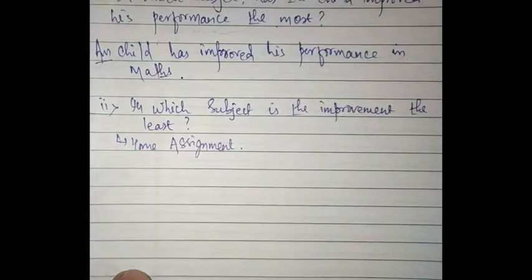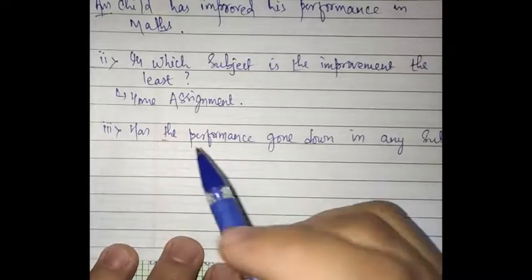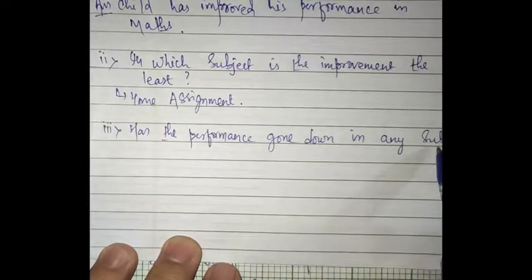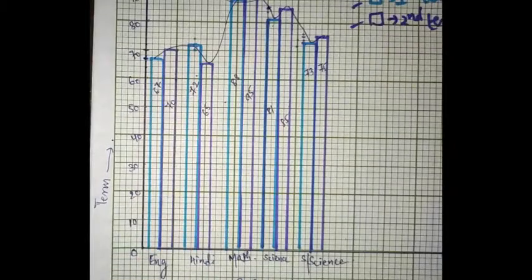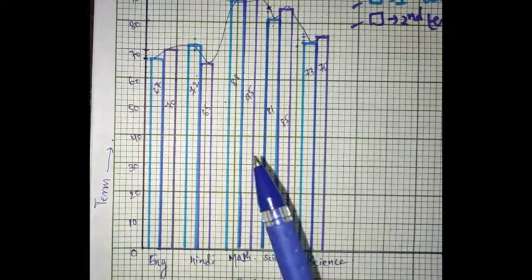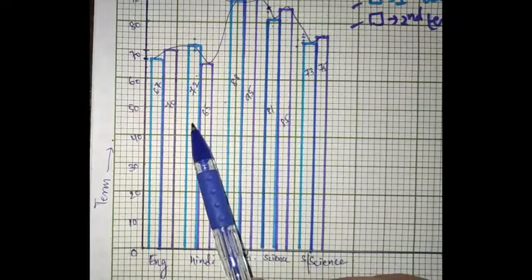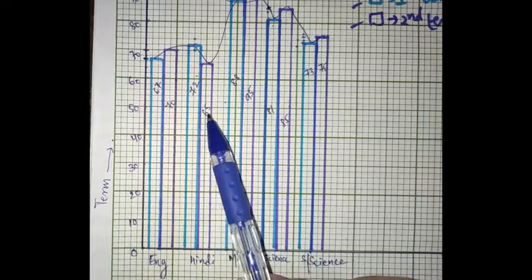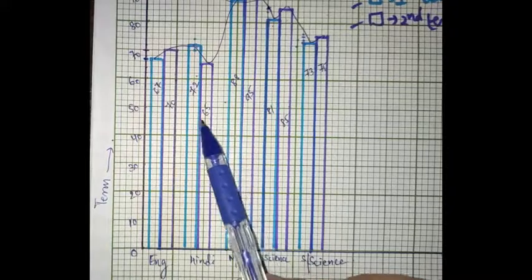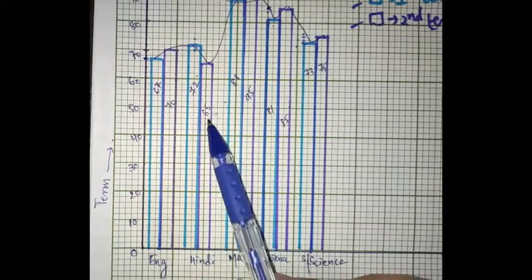So we have another question from here. Here we have the third question: has the performance gone down in any subject? So looking at this bar graph, you have to answer this question also. Has the performance gone down in any subject? So your answer will be yes. By observing the double bar graph, the performance in Hindi has gone down, because the least marks are only in Hindi.